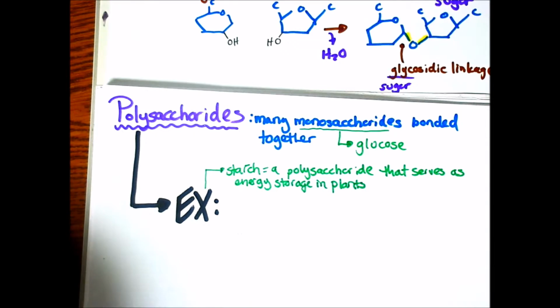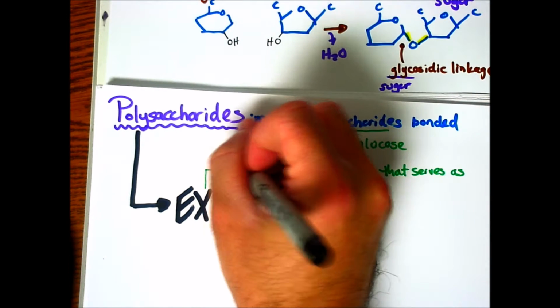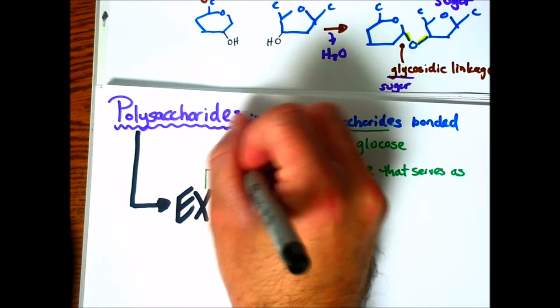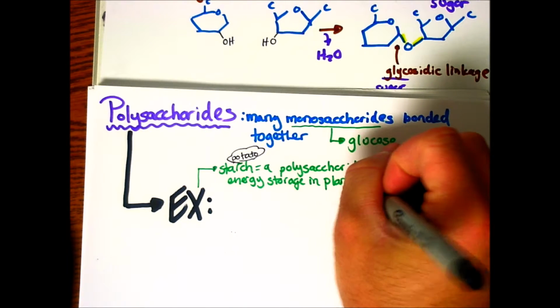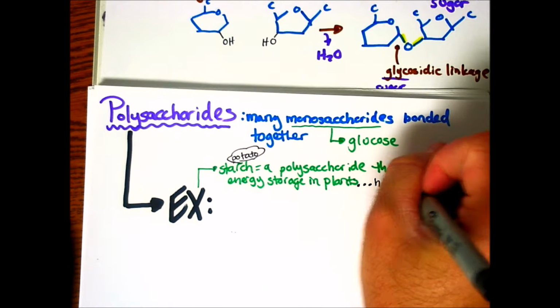So this is how a plant stores its energy. A great example of something that's starchy would be a potato. A potato is a good example of a starchy food source. But that potato is something that you yourself can use for energy. So I would have us know that humans can use this for energy.